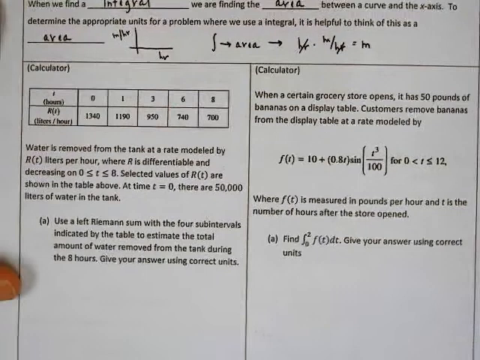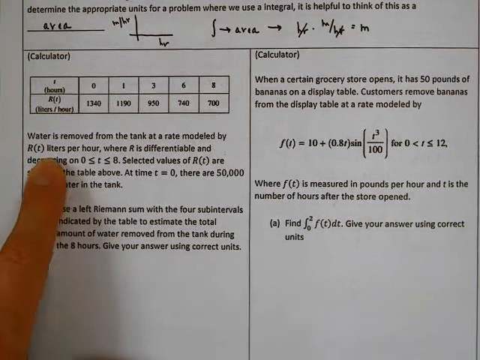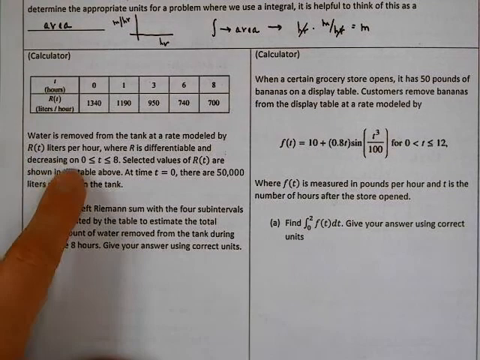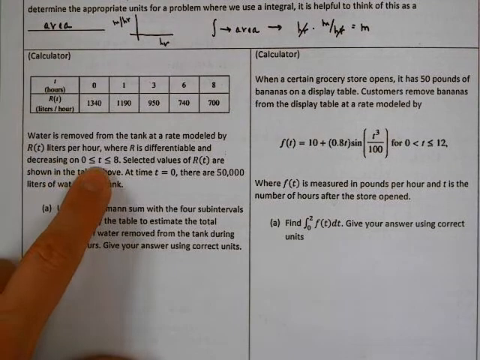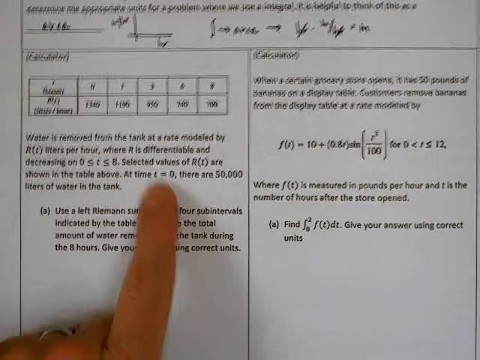All right, so let's look at the first problem, and these are both going to be calculator problems. So it says water is removed from a tank at a rate modeled by R of t liters per hour, where R is differentiable and decreasing over this interval. Select values of R of t are shown in the table above, and then it's giving us some initial condition.